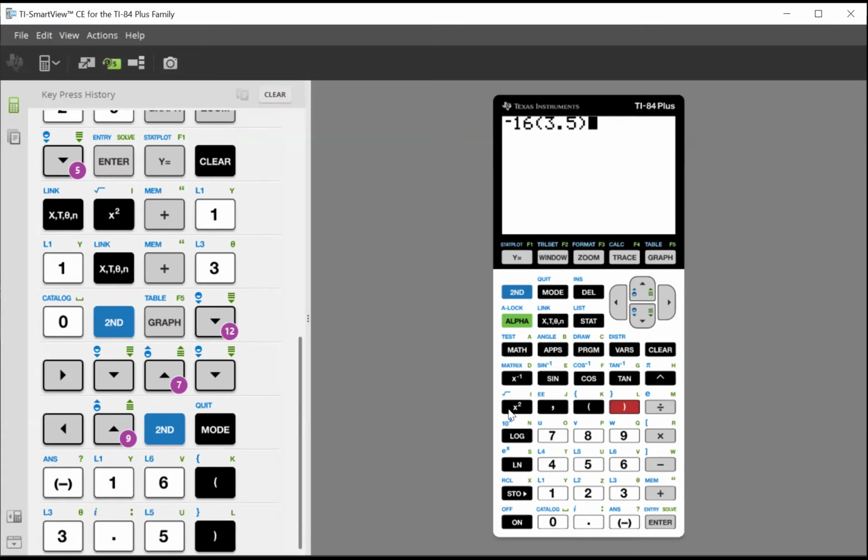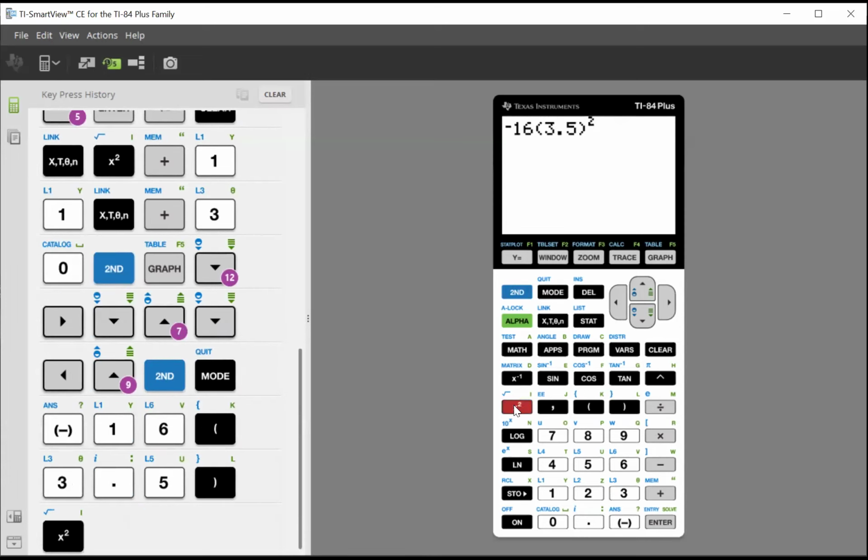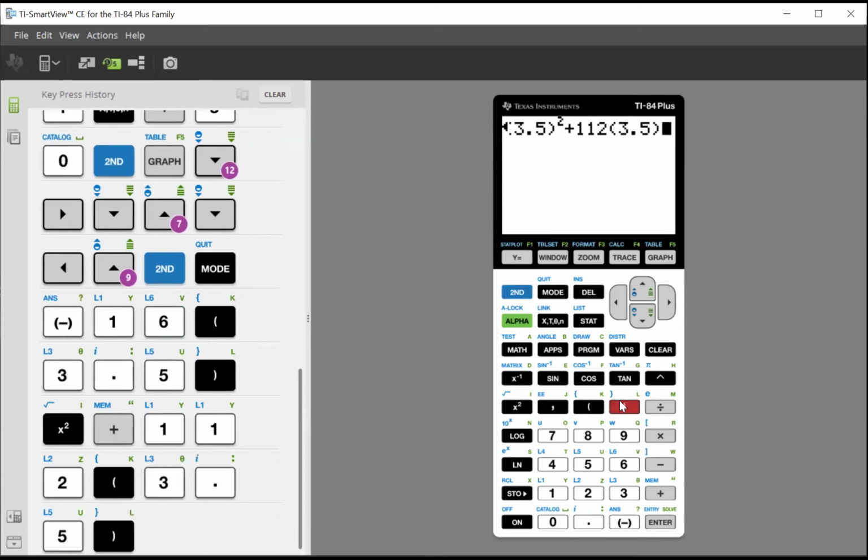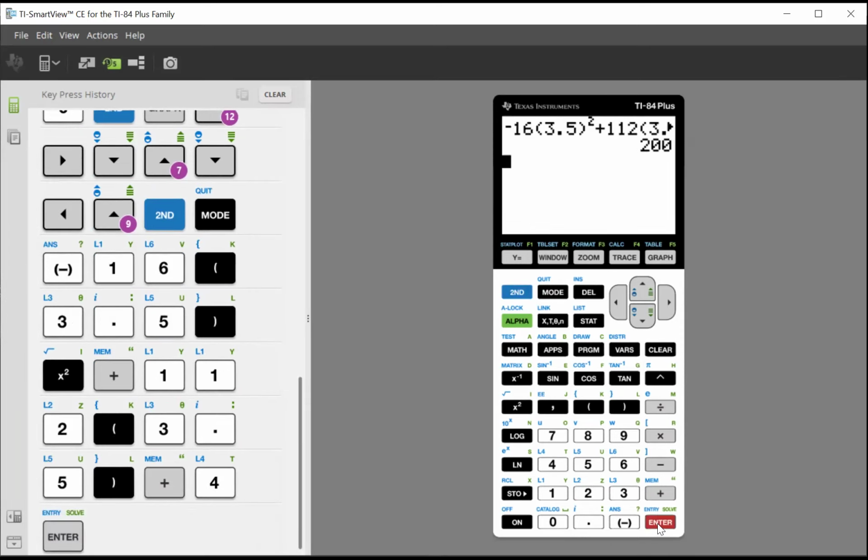Close parentheses and square that. Plus 112 times 3.5. Close parentheses and then plus 4. All right, y'all, so I got that all punched in. Remember, I better get a positive number. And when I hit enter, I get 200. So it took 3.5 seconds for my rocket to go 200 feet in the air.